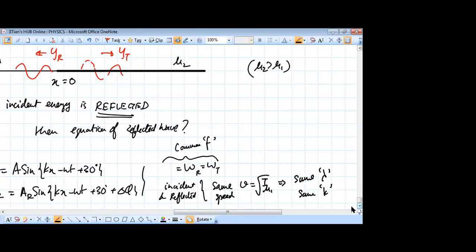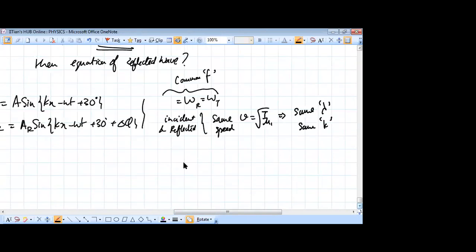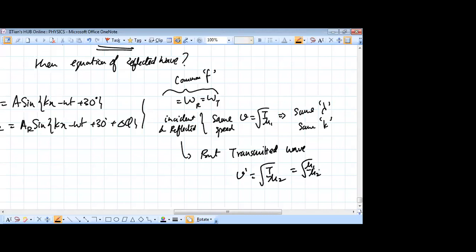Whereas the transmitted one will have a different value of v, say v prime, equal to square root of T by mu2. All this is not required here because we have to answer only about the reflected wave, but in case you were asked about the transmitted wave, you have to understand this.